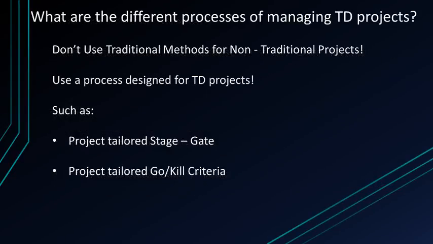So, managing the project. What are the different processes of managing TD projects? Now, remember, don't use traditional methods for non-traditional projects. Use a process designed for TD projects. So that's your stage gate and your go criteria. Normally, these will not work for TD projects.